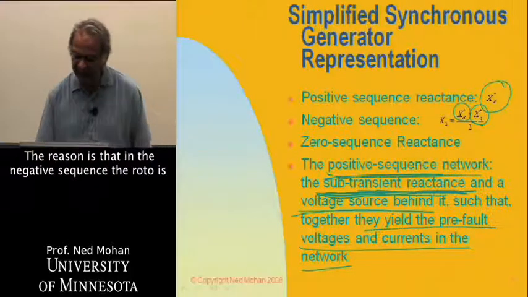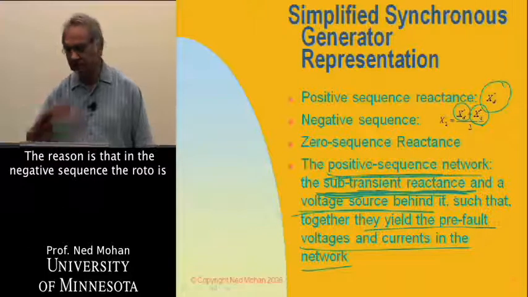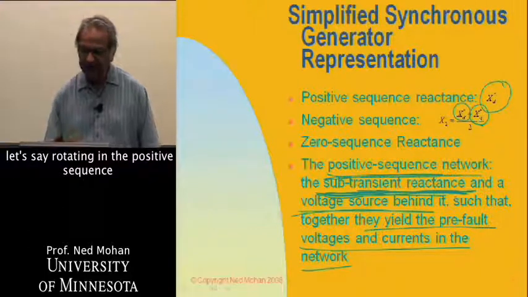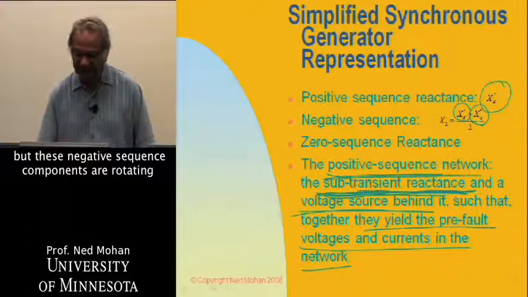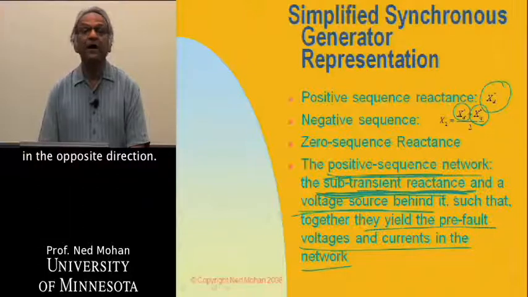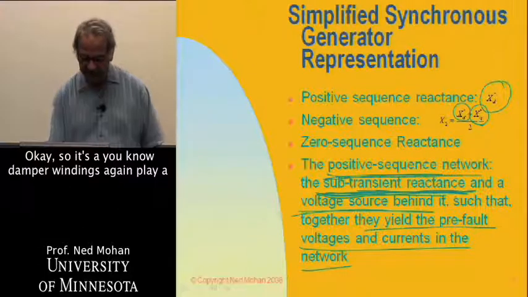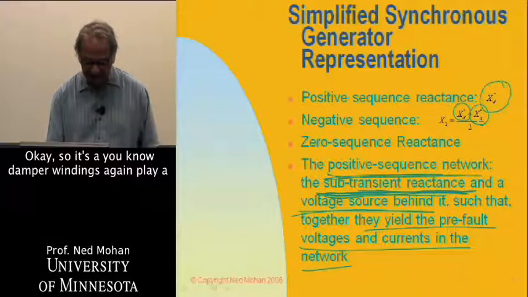The reason is that in the negative sequence, the rotor is rotating in the positive sequence direction, but these negative sequence components are rotating in the opposite direction. So damper windings again play a role there.